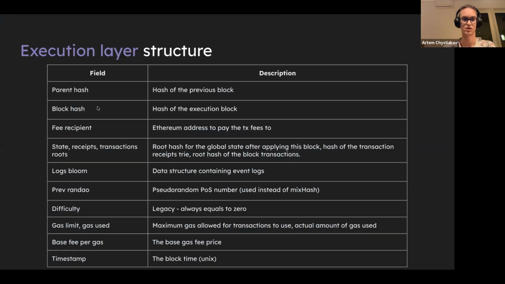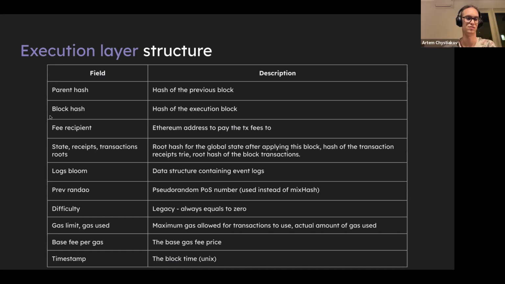Okay, so what is inside the execution layer of the Ethereum block? First of all, the parent hash. It is the field that links the blocks with each other. It is the field that makes Ethereum a blockchain. Every current block contains the hash of the previous block, which is really important.